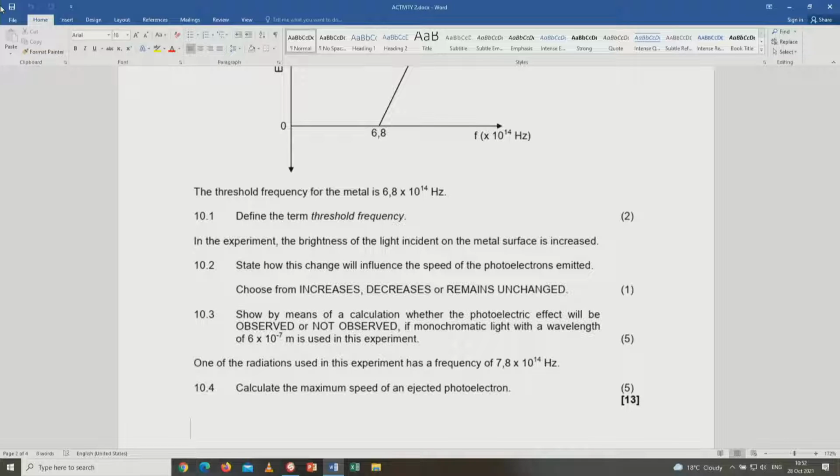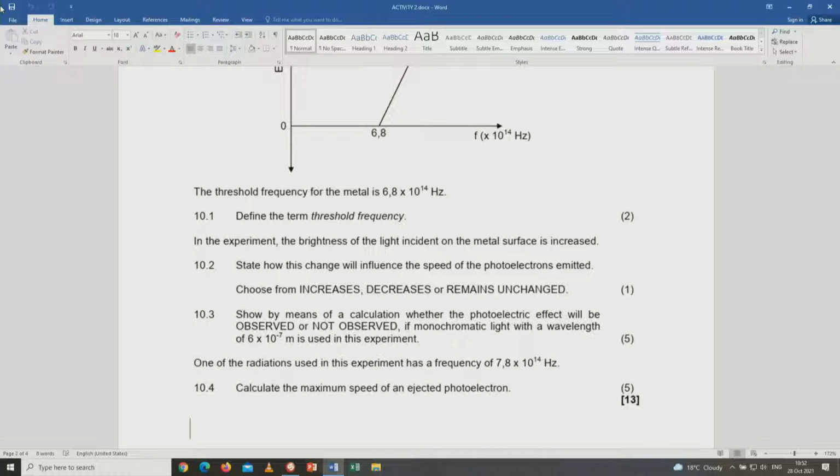The only thing that the brightness or intensity affects is the number of photoelectrons that are ejected per unit time. So here it remains unchanged, as the question is put there. Please note that brightness, which is your intensity, affects only the number of photoelectrons that are ejected per second.